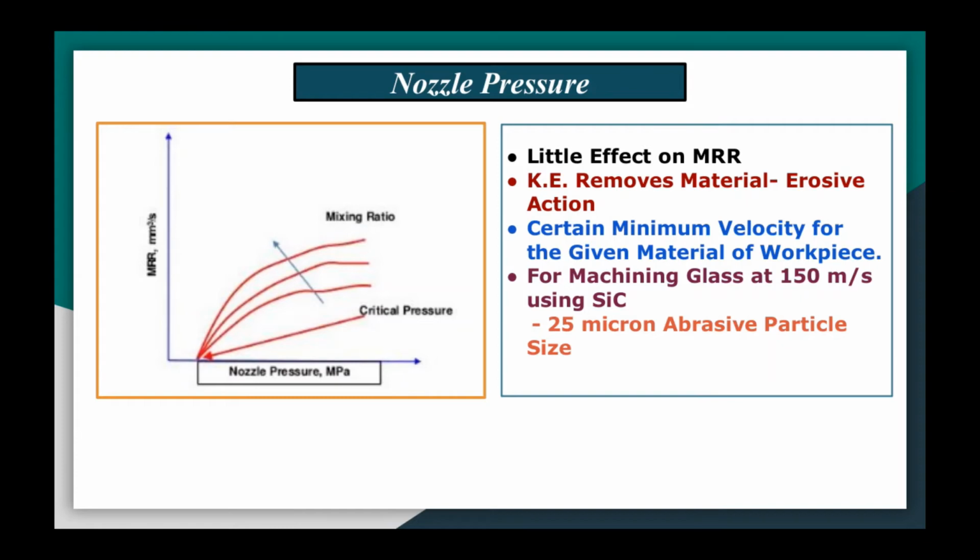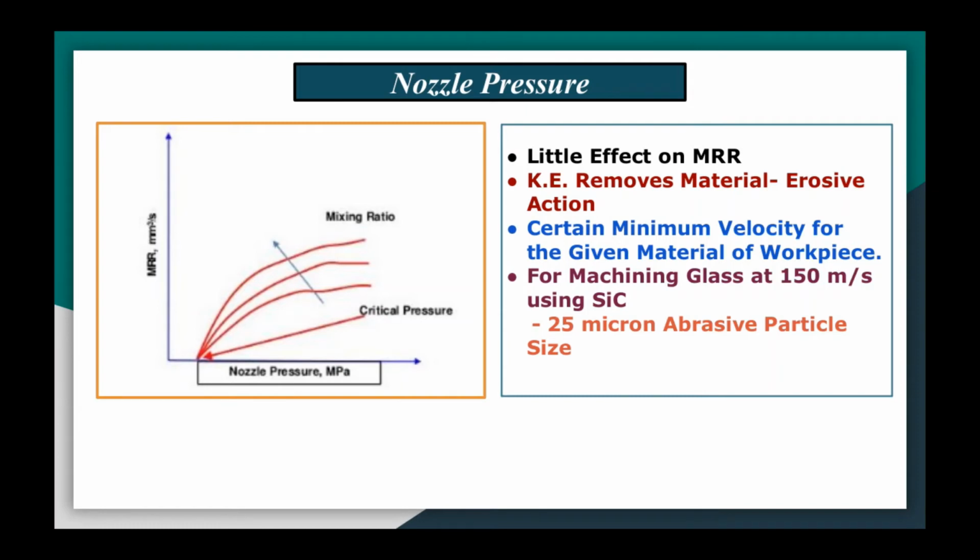Only above that kinetic energy will it start penetrating the workpiece surface and remove material. So in all workpiece materials you need a certain critical pressure, and that critical pressure will be different for different workpiece materials. To some extent it will depend on the size of abrasive particles also.